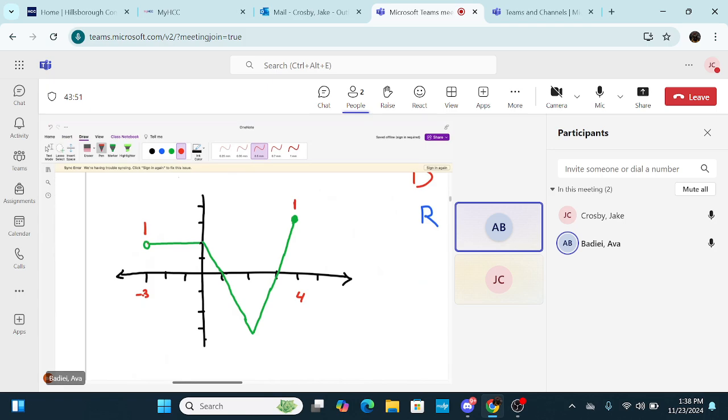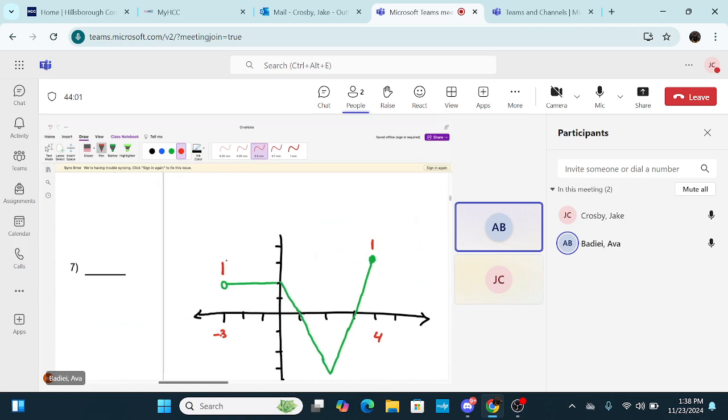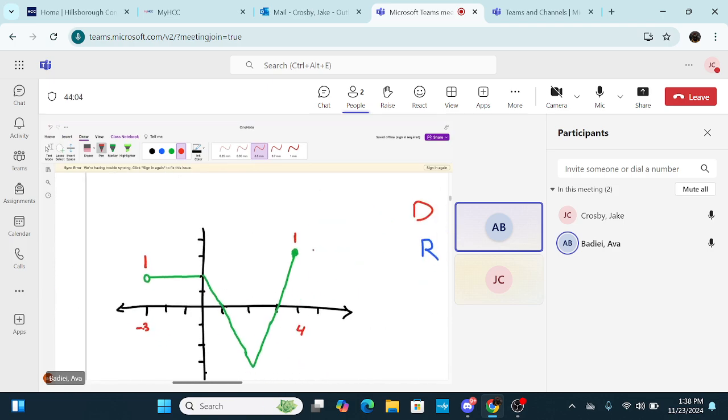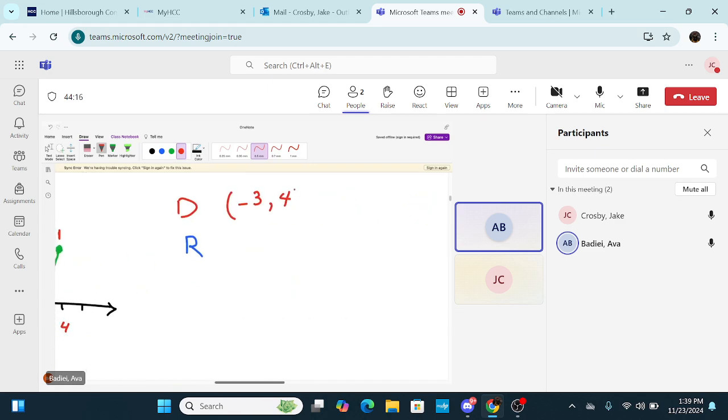So when you write down -3, because it's not included, you will put a parenthesis for it. The other end, we look at this point and it is a solid point. It is included in your graph. So for the 4, you will put brackets.